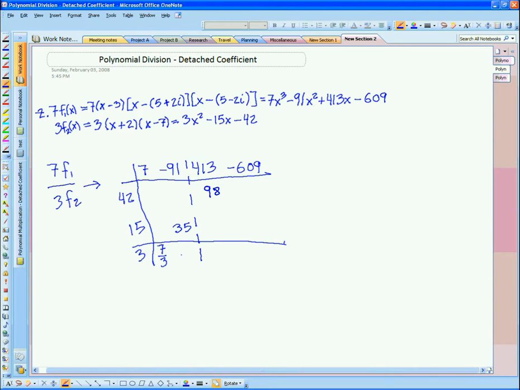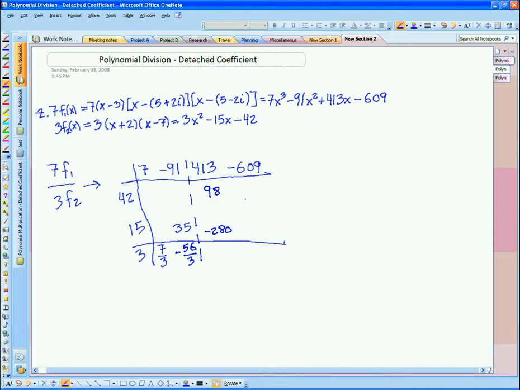Negative 91 and 35 is negative 56. However, again, like I said, if it's in the quotient, we have to divide it by 3, the leading term of the divisor. So we got negative 56/3. Then we multiply negative 56/3, going up to the diagonal to the right again, times 15, and again we get negative 280. Again, nice numbers only because I happen to choose them to be nice numbers.